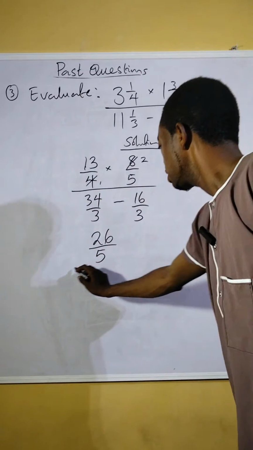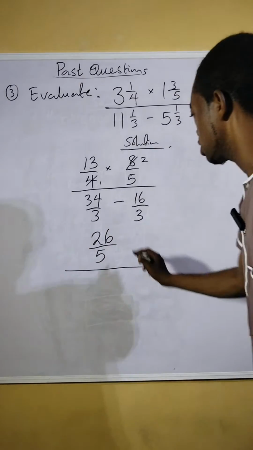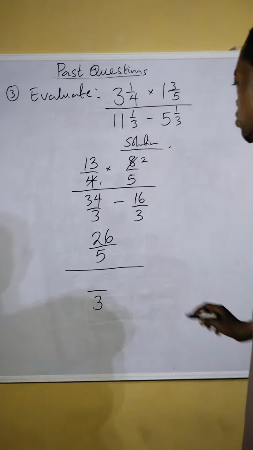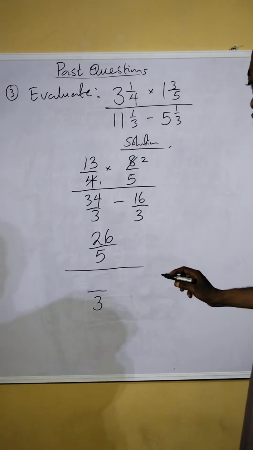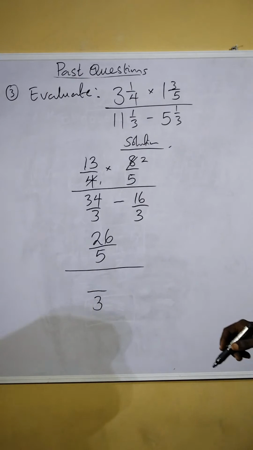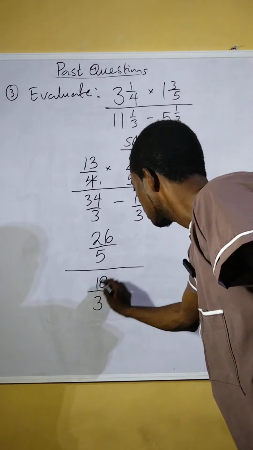Now divided by, here we can still bring this together as one fraction. 3 is the LCM. And of course 34 minus 16 becomes 18 from there. So we have 18 up.